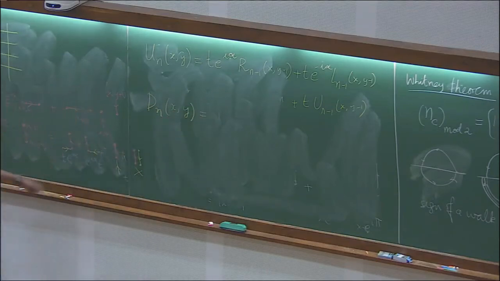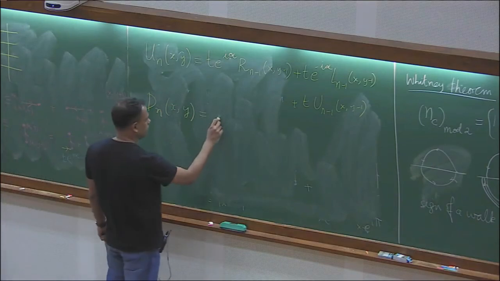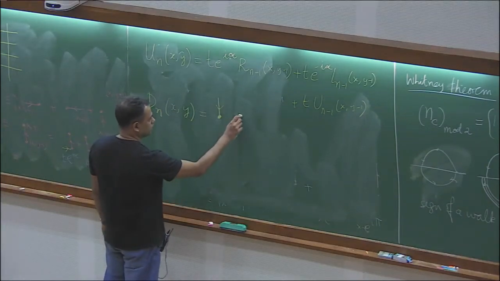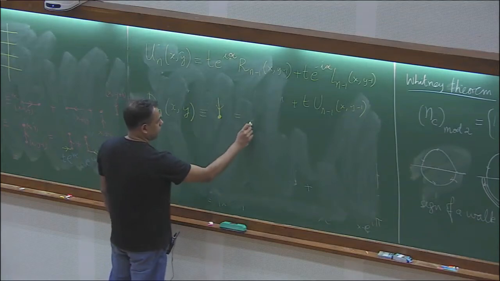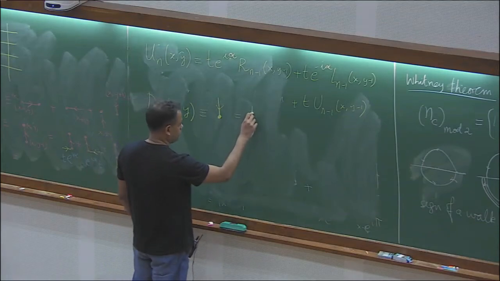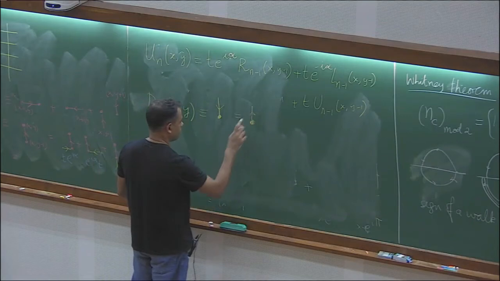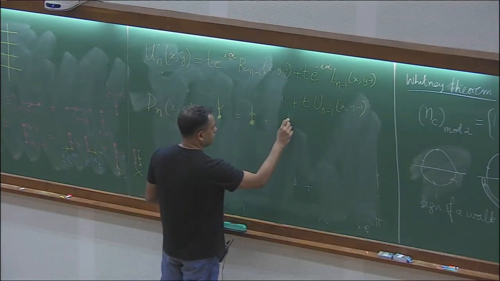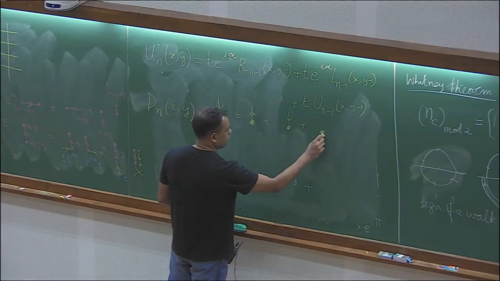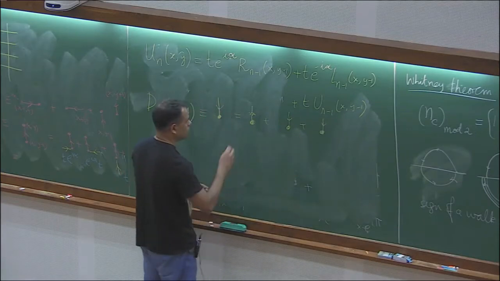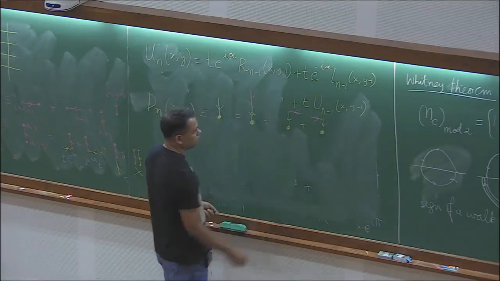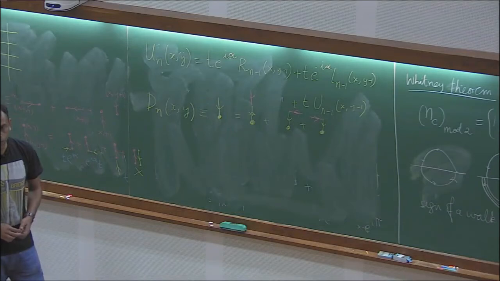Let me draw the diagrams. dn of xy is equal to something coming like this. This is equal to... it could come from top, left, or right. Can you write down the recursion relation for this one?